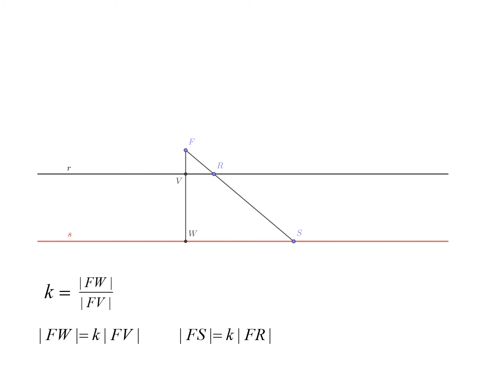So, if you scale with factor k from the focus F as center, the point F of course stays fixed, V is transformed to W, and R is transformed to S. Thus, the line R is transformed to the line S. This means that the point line pairs FR and FS are similar.